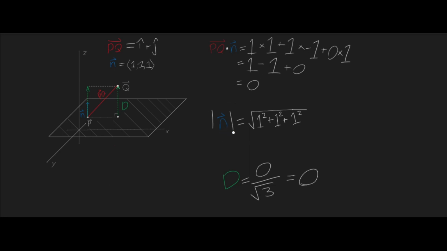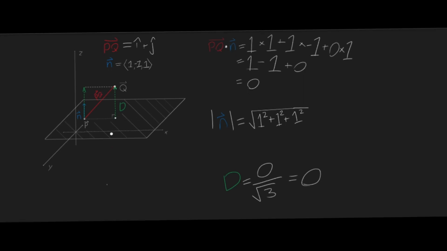The magnitude of n is still square root of 3, but the distance is going to be 0 divided by square root of 3, or just 0. What this means is that the point Q, which was 1, 1, 1, actually lies on the plane. Because it's on the plane, the distance between Q and the plane is 0.